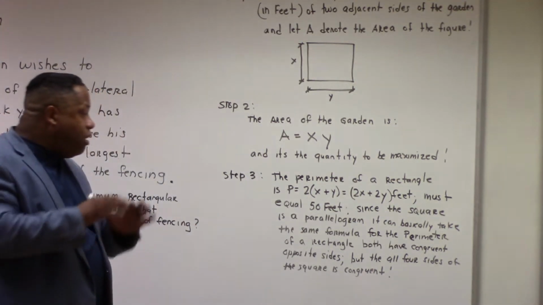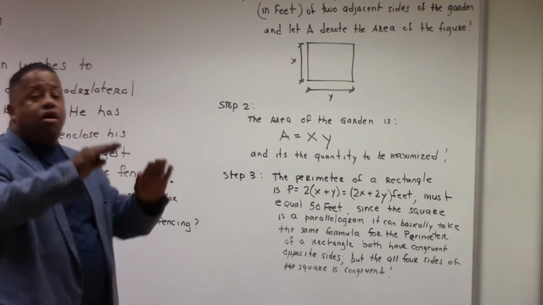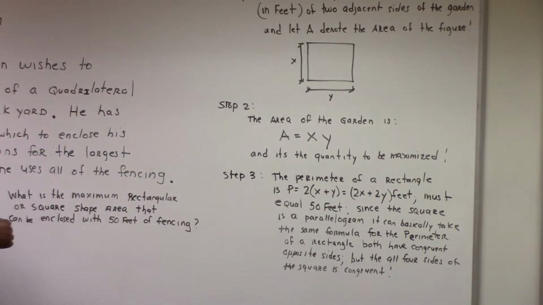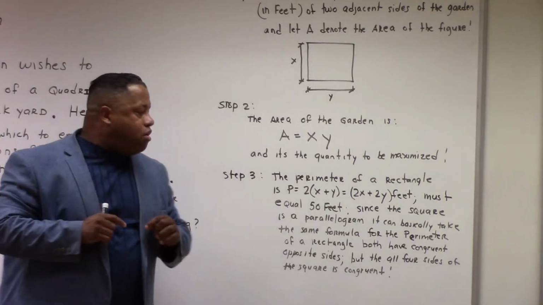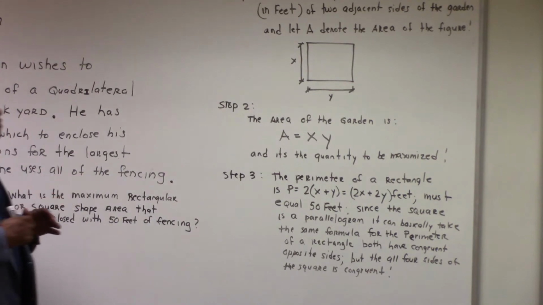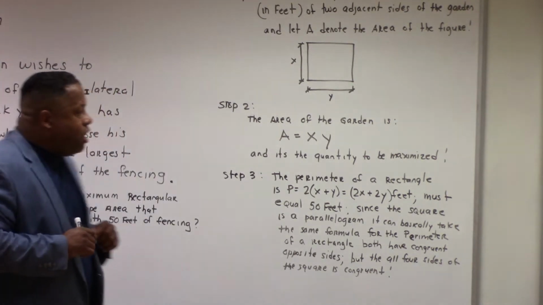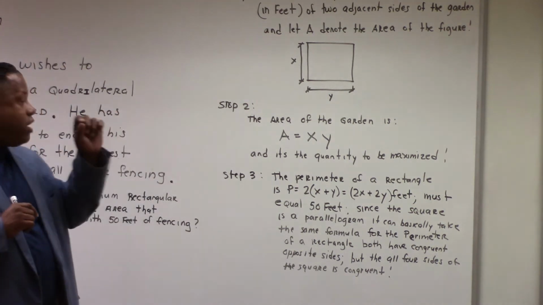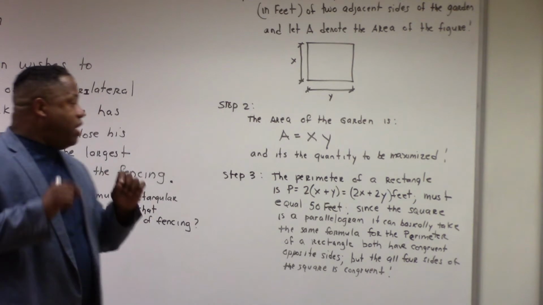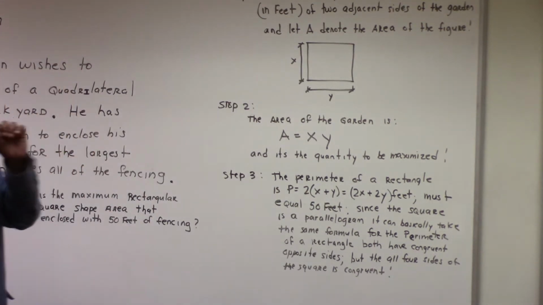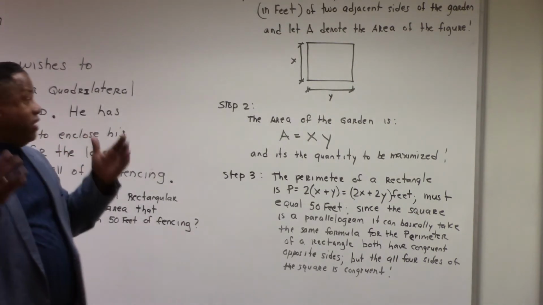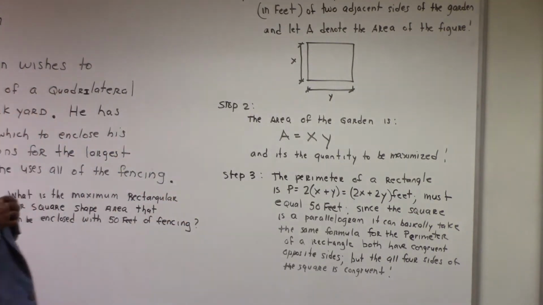The square has all of its sides congruent, so X and Y are the same size all the way around.